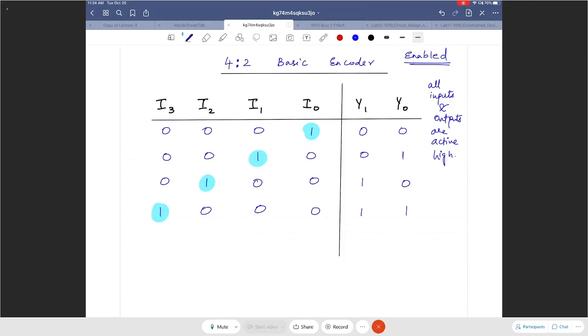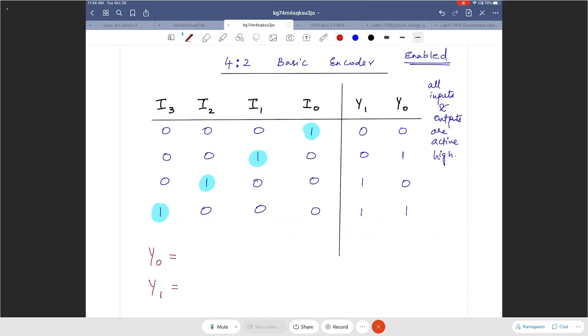What do we do after we write a truth table? We write logic expressions for the output. So what would you say the logic expression for Y0 would be? And Y1 would be? So you guys tell me the logic expression for Y0 and Y1. It's going to be very simple. Just ask yourself, yeah, exactly.